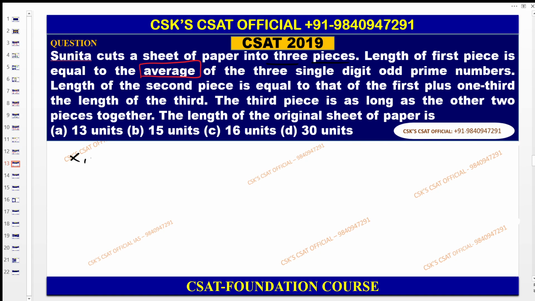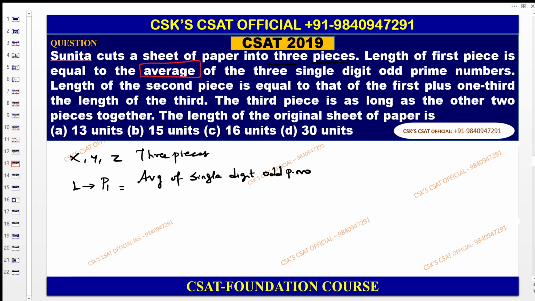So take x, y, z as the three pieces. L means I am taking as length here. Length of the first piece is equal to the average of single digit odd prime numbers. That is provided here.